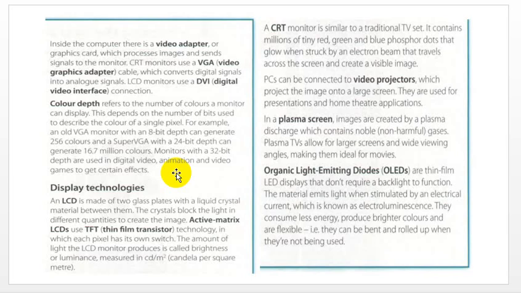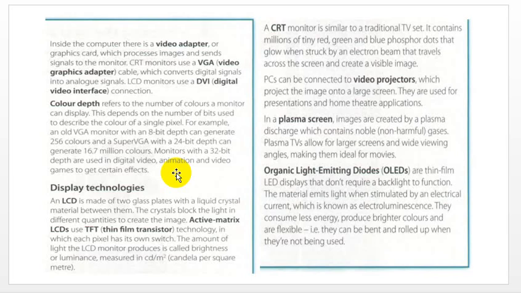Organic light emitting diodes, or OLEDs. O for organic, L for light, E for emitting, and D for diodes, are thin film LED or lit displays that don't require a backlight to function.